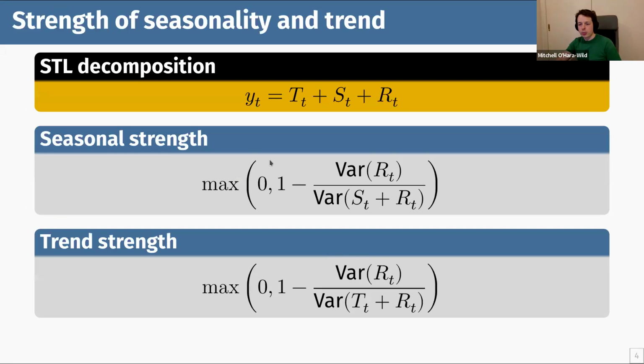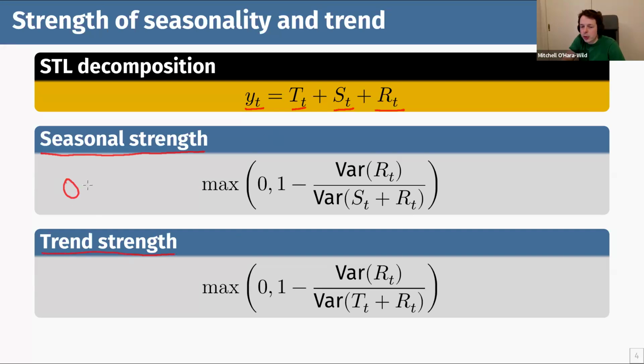So the STL decomposition, if you recall from the previous session, decomposes the data into the trend plus the seasonality plus the remainder. It's an additive decomposition. But because we have separately the trend, seasonality, and remainder in an additive format, we can calculate some useful summary statistics of the data, including the strength of the seasonality and the strength of the trend.